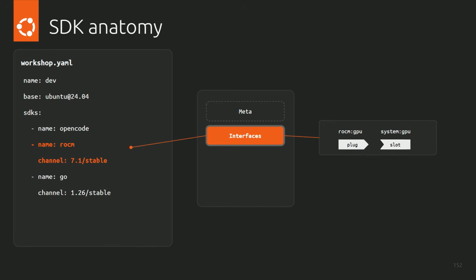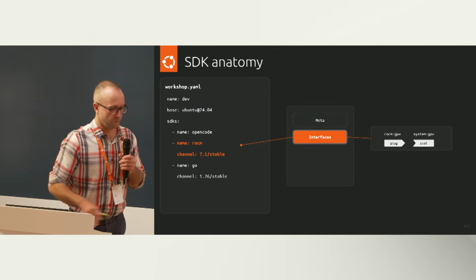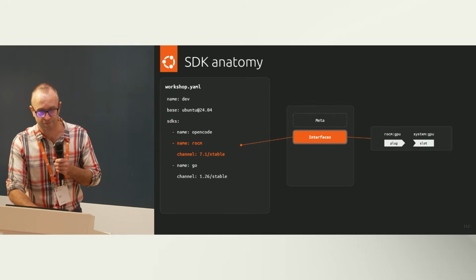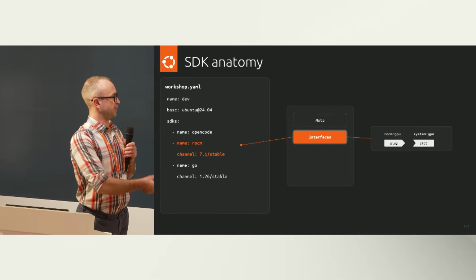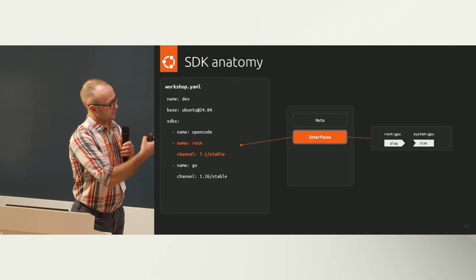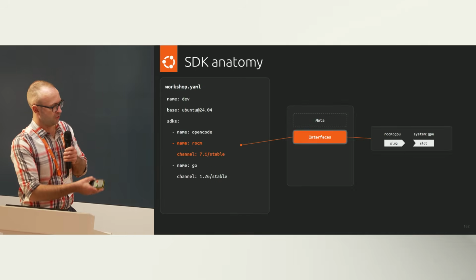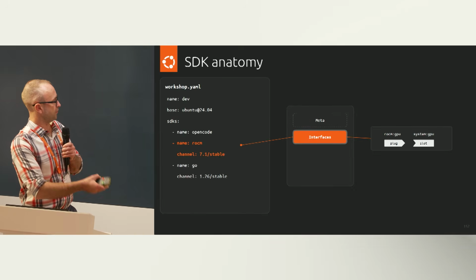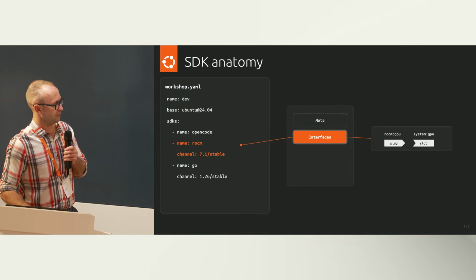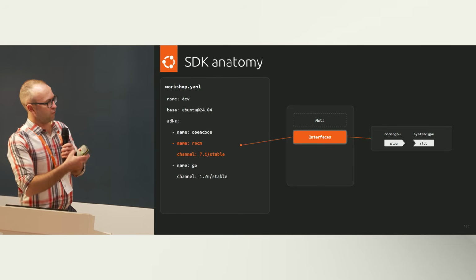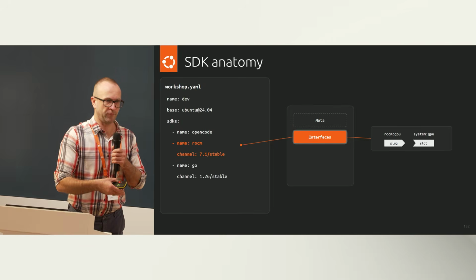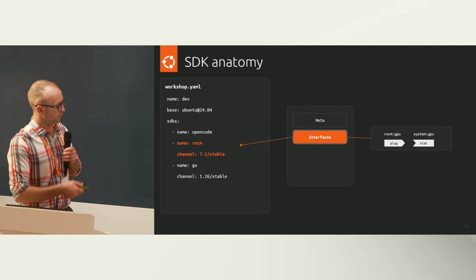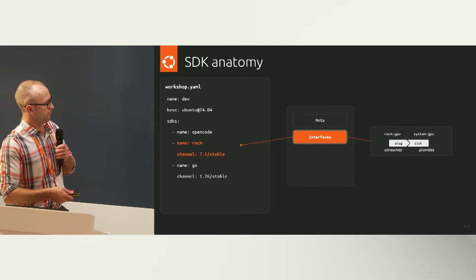For example, we have a ROCm SDK, and it declares that it needs a GPU exposed into the container. A system SDK acting on behalf of your system or on the host system exposes this GPU as a slot. So a pair of plug and slot needs to be connected for this resource to become available in the container. When we do this, the GPU becomes available in the container.